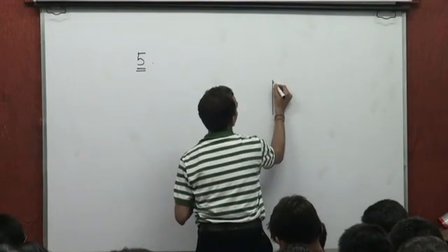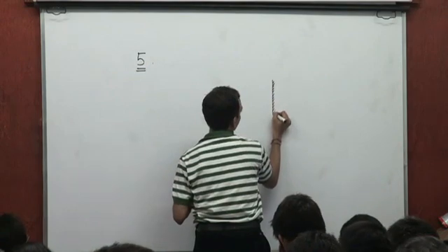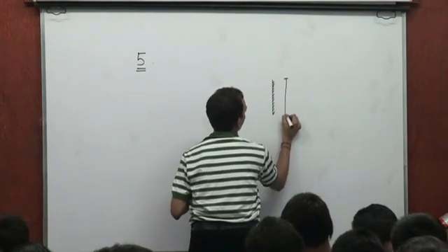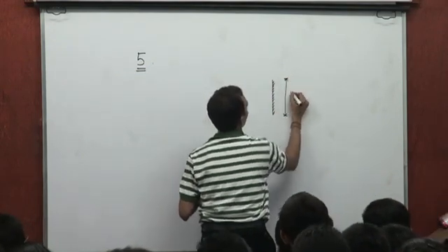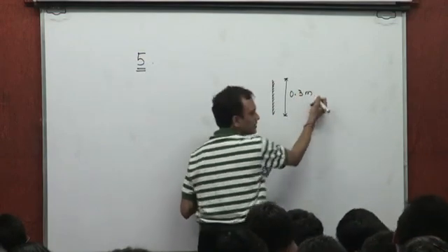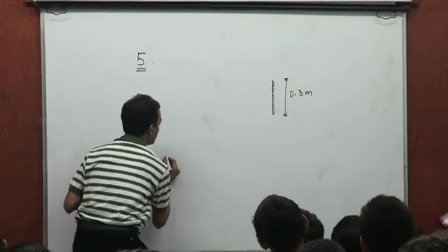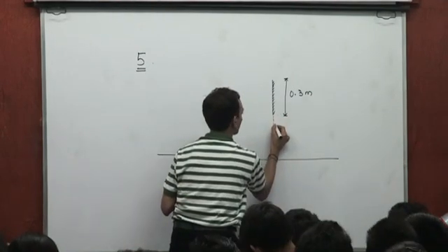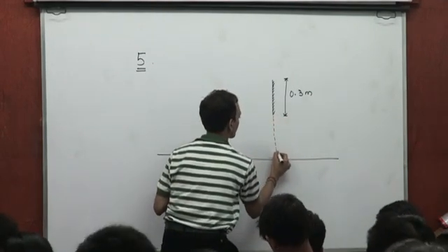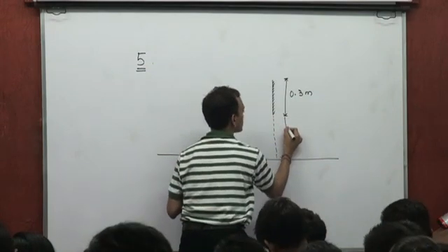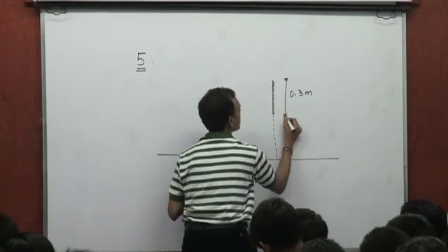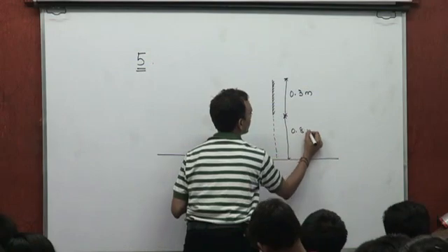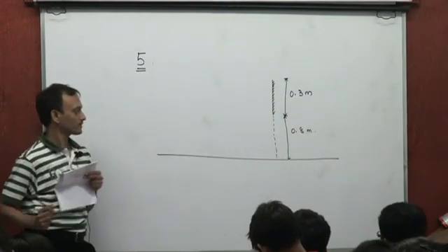This is the mirror. It's given to be 0.3 meters and is placed 0.8 meters above the ground. This is the ground.